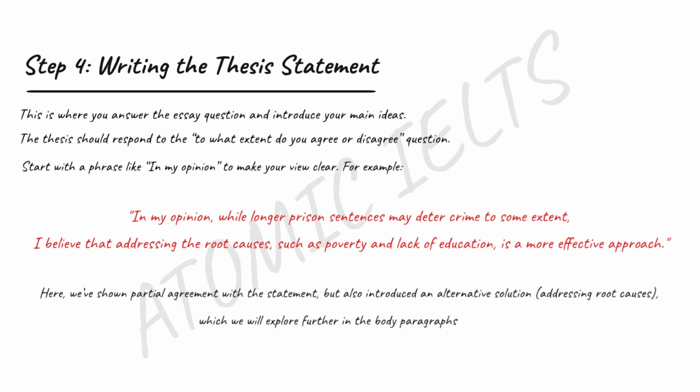For example, in my opinion, while longer prison sentences may deter crime to some extent, I believe that addressing the root causes, such as poverty and lack of education, is a more effective approach. Here, we've shown partial agreement with the statement, but also introduced an alternative solution, addressing root causes, which we will explore further in the body paragraphs.